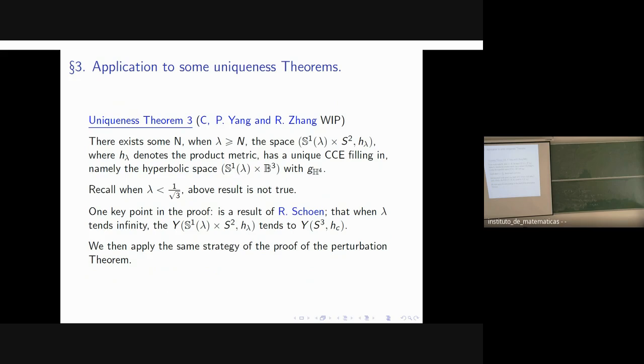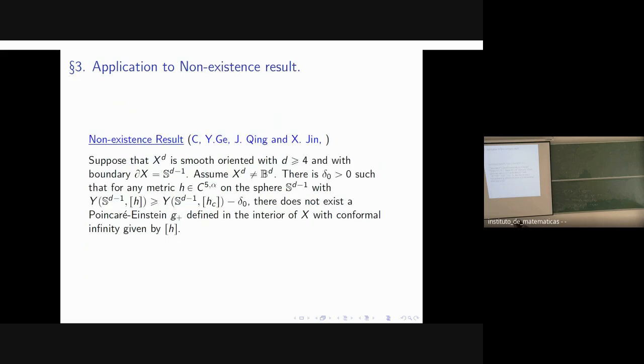This result also somehow echoes the work of Zworski and Han, and we also have a non-existence result. That non-existence result holds for all dimensions. It says that if your Yamabe constant is sufficiently close to the standard case, then the only topology which allows an extension is the ball.